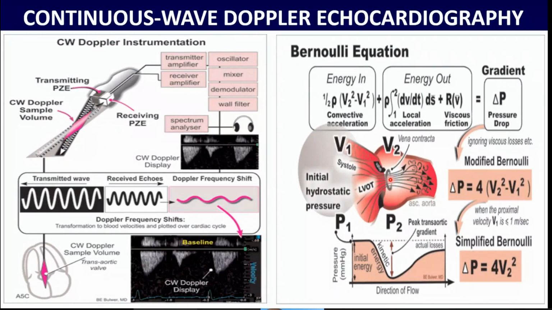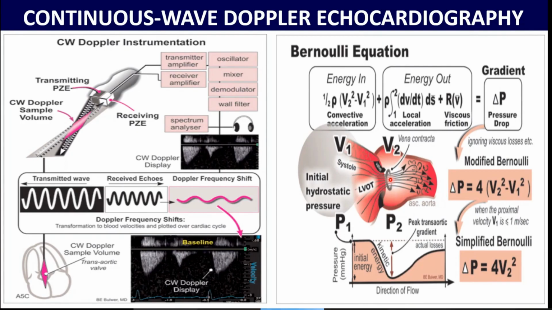So we put a catheter into the LV, measure the LV systolic pressure, then pull it into the aortic root and measure the aortic peak pressure. Because we are measuring the peak to peak pressure, this will be lower than the instantaneous pressure measured by the echocardiogram.